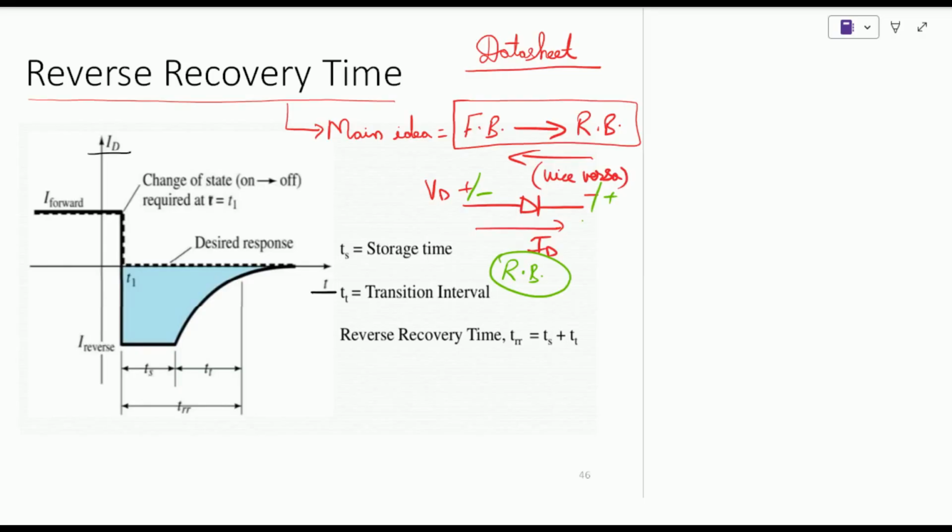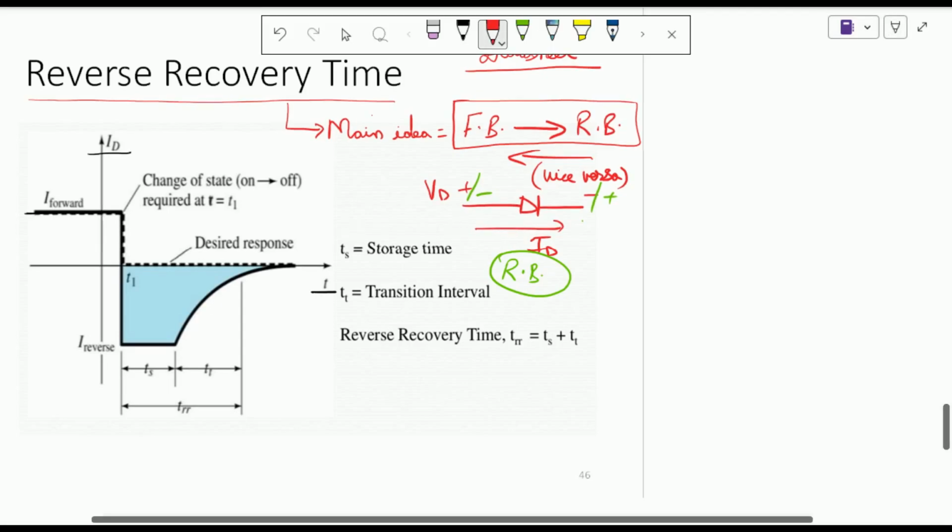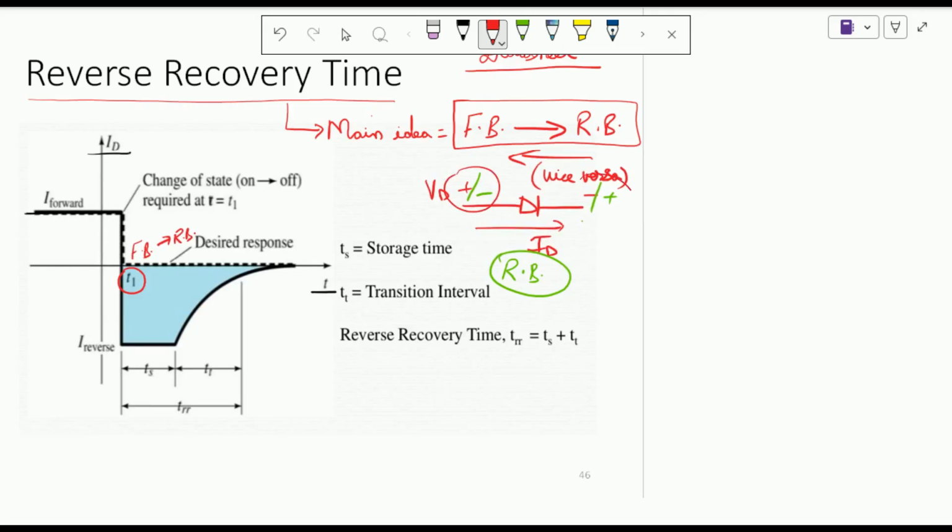Now let us say our system is working in the forward bias condition and we are getting a certain current over here. At time t1 we do the flip, we basically change the switch from forward bias to reverse bias, which means we have changed the polarity as shown over here for the diode.